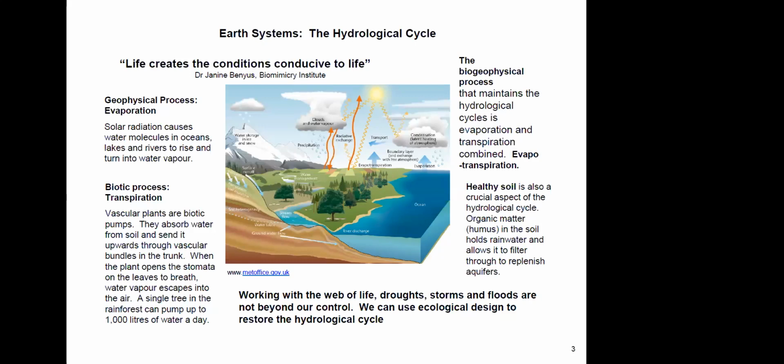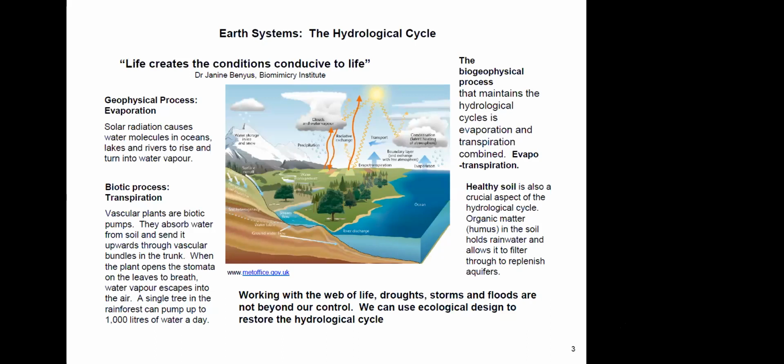As Joe is going to talk about it in a little while, the full and half hydrological cycle. So I think what's important, I put this right at the bottom, is as ecological designers, if we're working with life, we don't need to feel that droughts and storms and floods and everything are beyond our control.